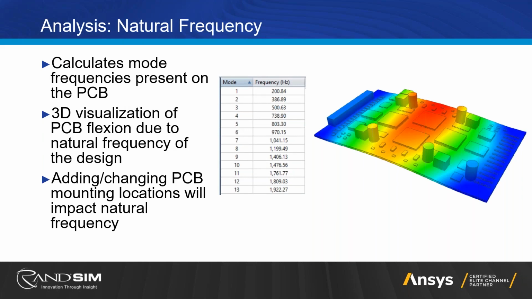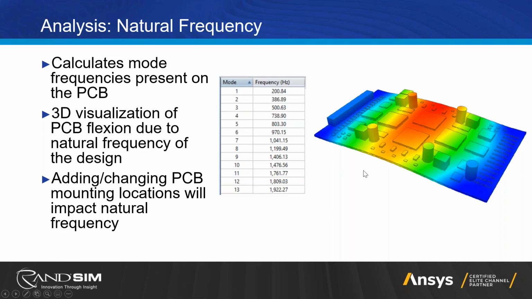And so the next analysis that we can look at is what's called the natural frequency. What the natural frequency is taking into account is a couple things. It's taking into account the PCB from a copper density perspective on the different layers. It's taking into account the physical dimensions of the PCB, as well as the mounting points.